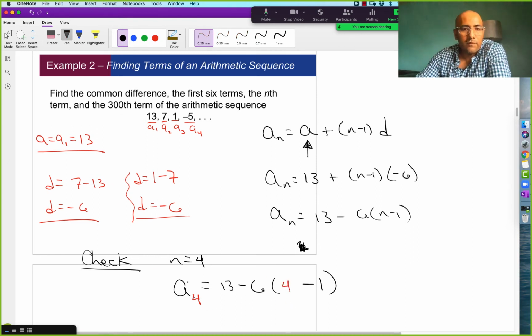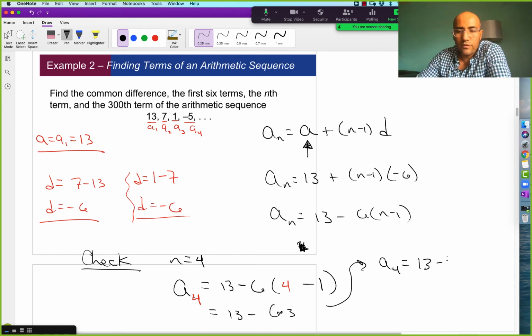So that's going to be 13 minus 6 times 3, which means that a sub 4 is equal to 13 minus 18. Means a sub 4 equals negative 5. Yep, just what we expected. So the formula seems to be working out.